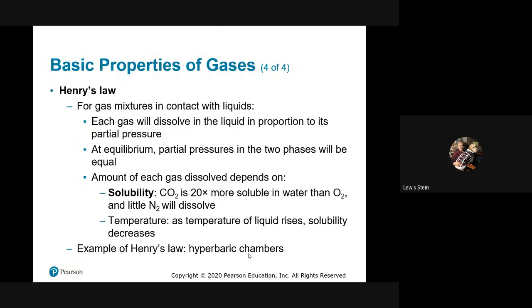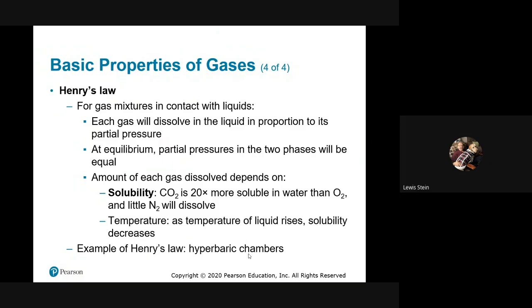Moreover, when they have sustained divers who go very, very deep in the ocean, they use a mix of different gases to prevent that as much as possible.